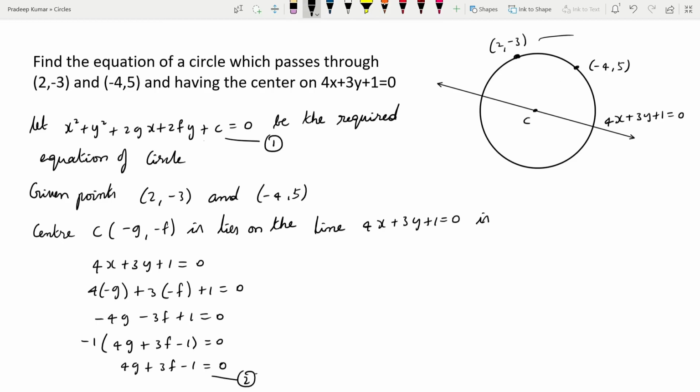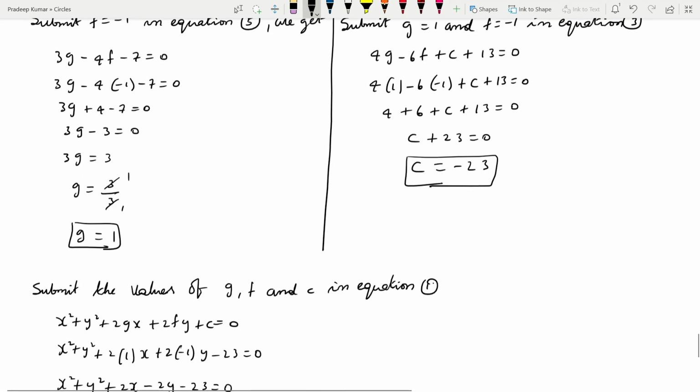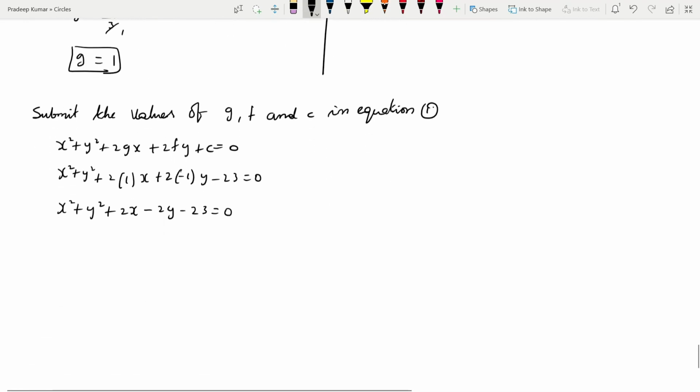By using these 2 points and this line, we have found the equation of this particular circle. That equation is x square plus y square plus 2x minus 2y minus 23 equal to 0. So this is all about this question.